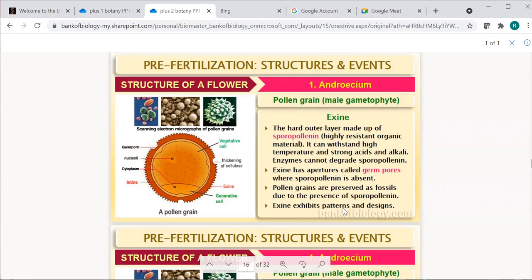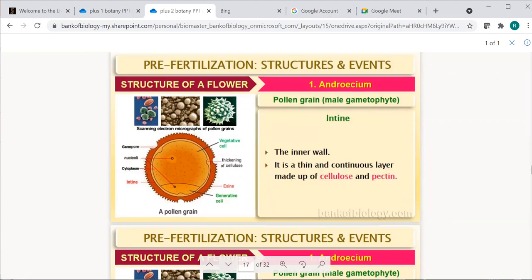It exhibits patterns and designs. Intine is the inner wall, and it is a thin and continuous layer made up of cellulose and pectin. This pollen grain has exine and intine, and intine is made up of cellulose and pectin.